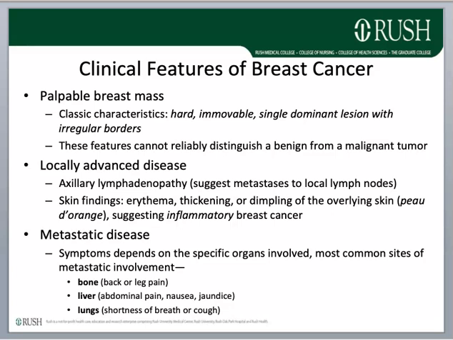Symptoms of metastatic breast cancer depend on the organs involved, of course, with the most common sites being the bone, associated with back or leg pain, liver, which may be associated with abdominal pain, nausea, or jaundice, and lungs, which may be associated with shortness of breath or cough.